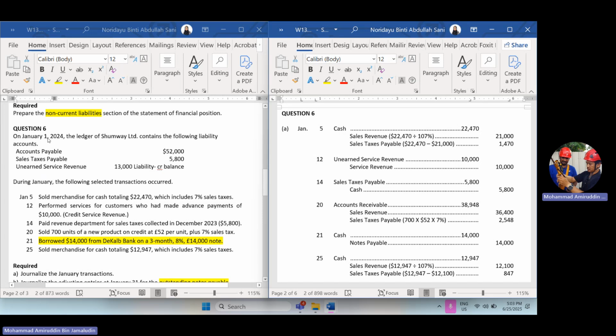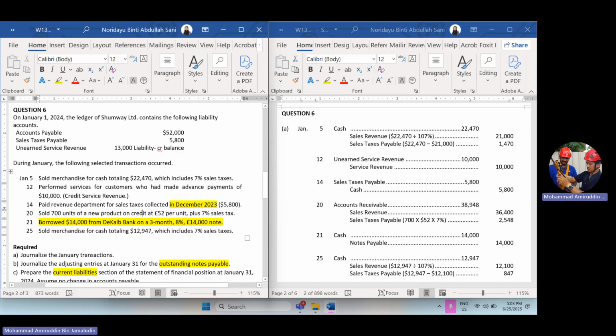This one is the beginning of the year balance. So we pay this one first. So debit sales tax payable, credit cash or credit bank. Okay, careful, December 2023. So I should take this one, not the new one. Not yet paid.